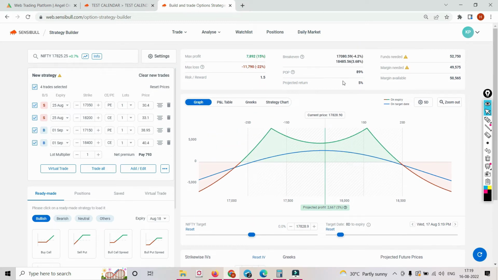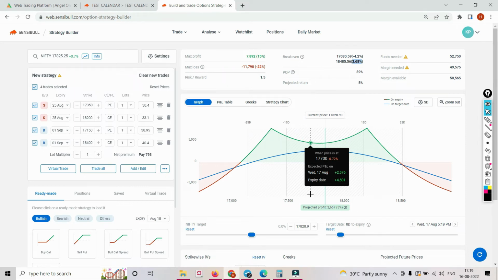And check your range: it has increased from 2% to 4.2%, and from 1.8% to 3.8%, just because the VIX has increased. This is the beauty of the calendar. Whenever we go for the calendar, we have to take the advantage of rising VIX. That's it.